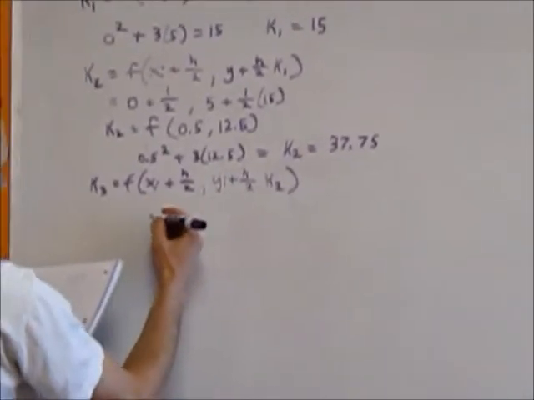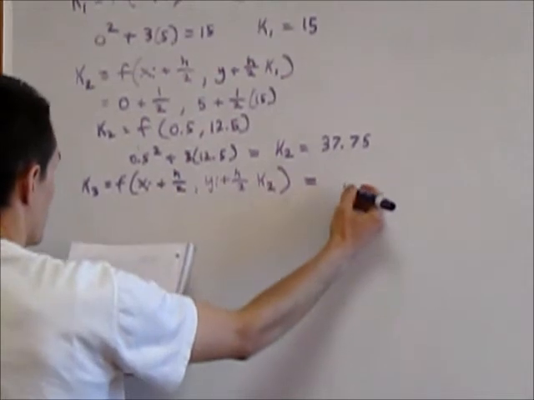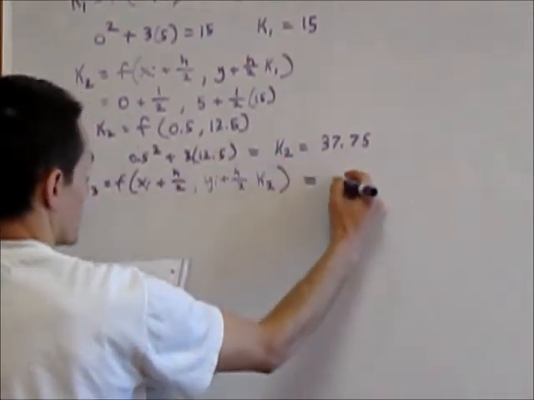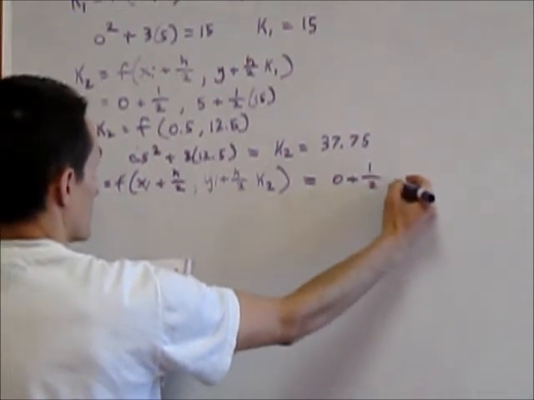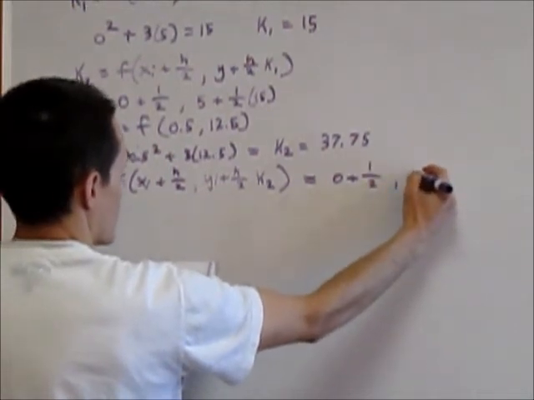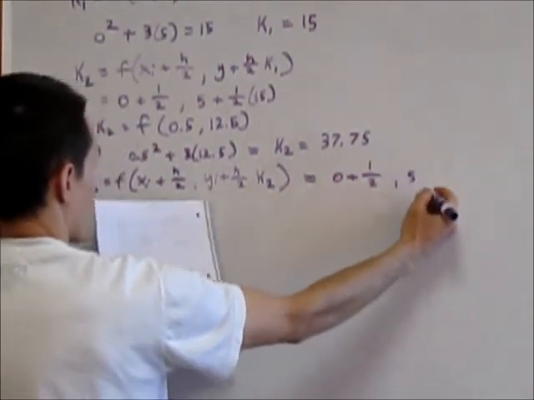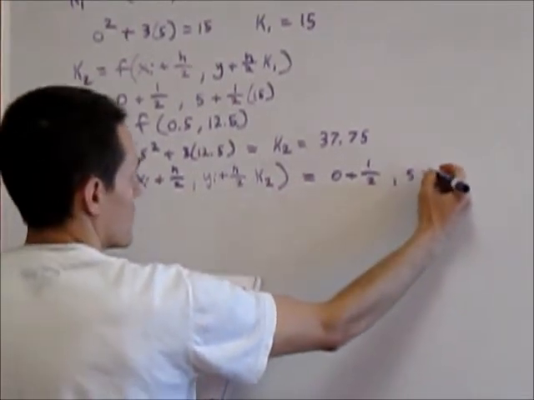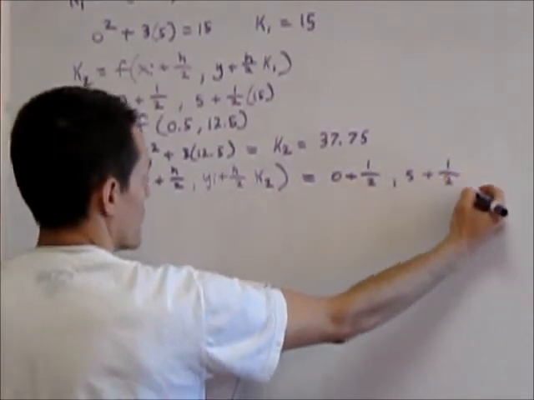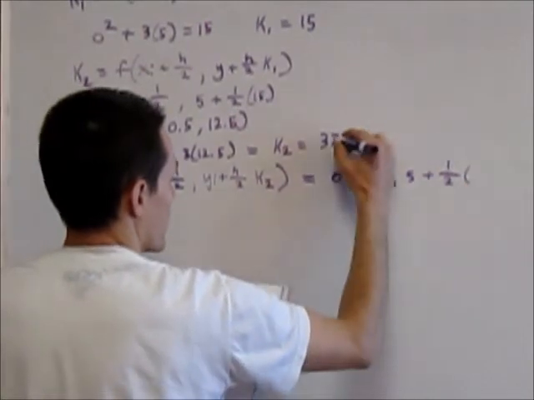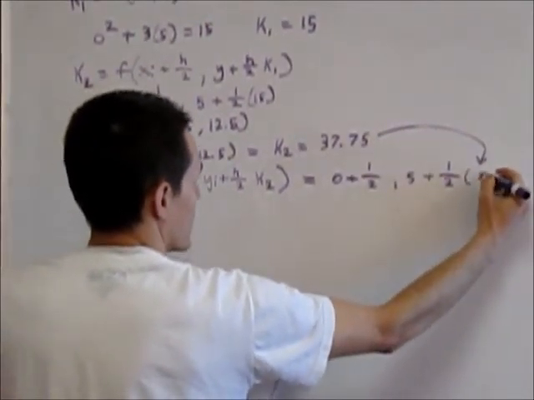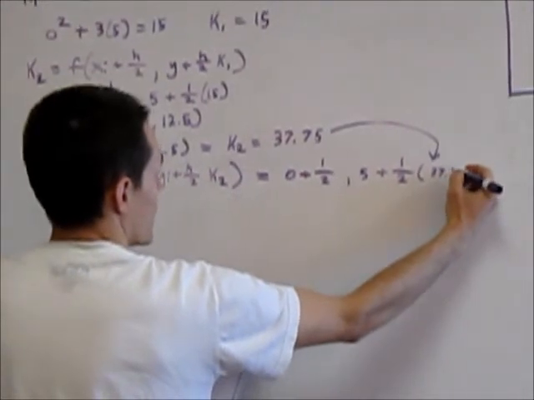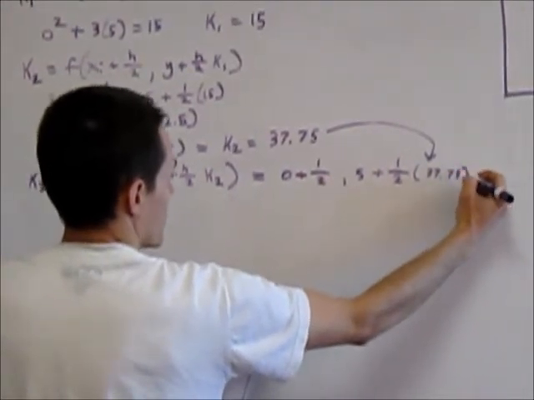So we plug all these in. We will have our xi was 0 plus 1 over 2, comma, y initial was 5 plus our step size over 2 times our k2 value. So that goes right into there, and that is 37.75.